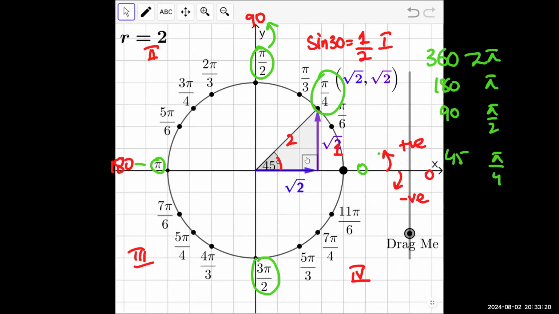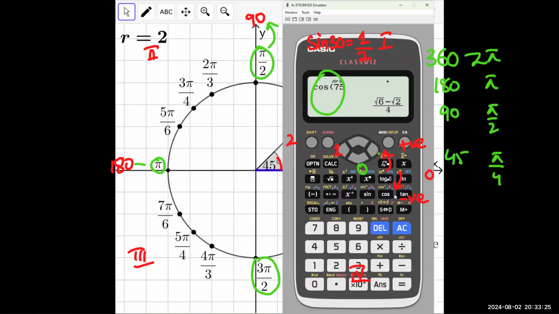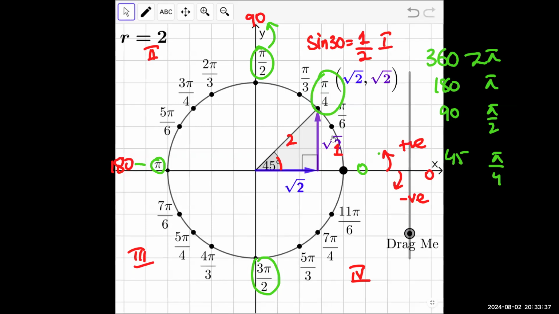So I get under root 2 over 2. Let's have the calculator do it for us. Sine of 45 is under root 2 over 2. Cos of 45 is also under root 2 over 2. Why does that happen? If this is 45 and this is 90, the other angle is also 45. These two lengths are the same.